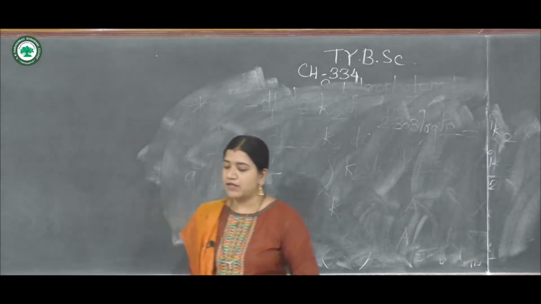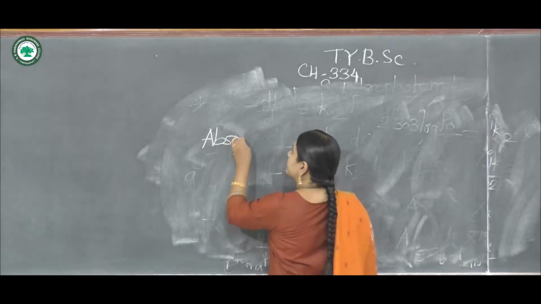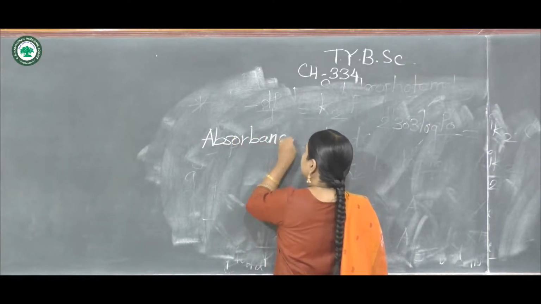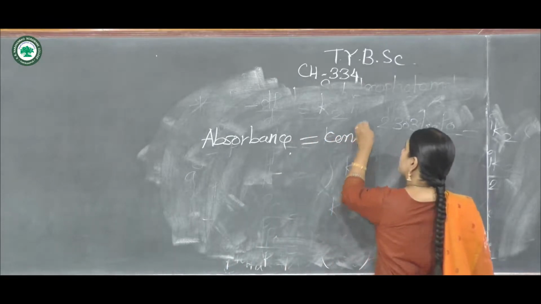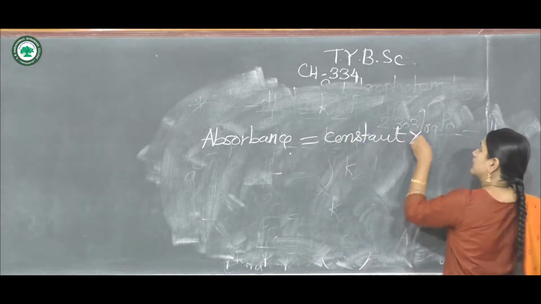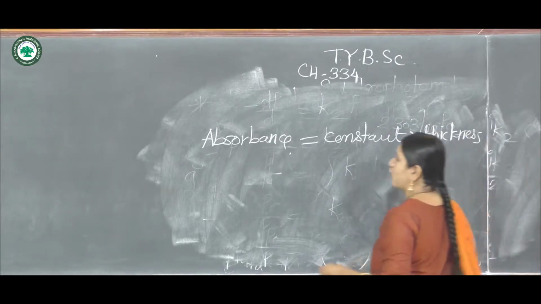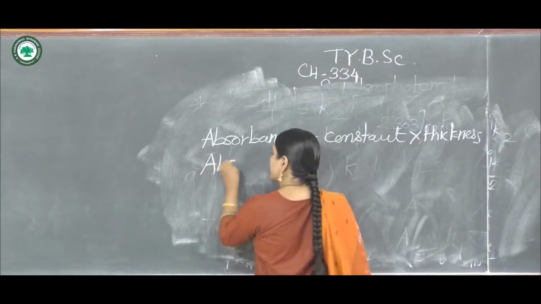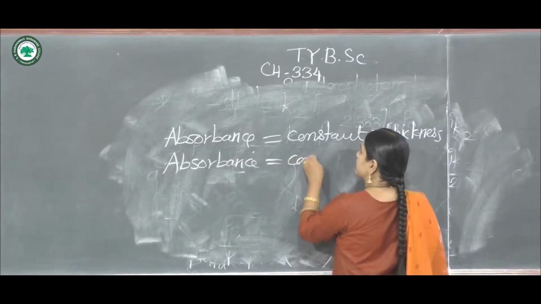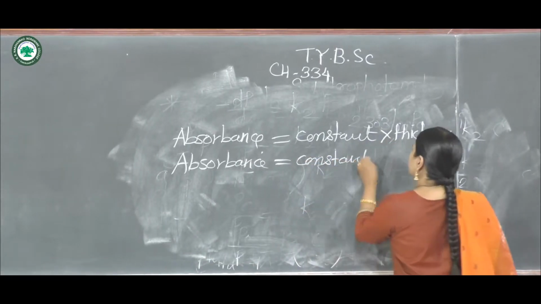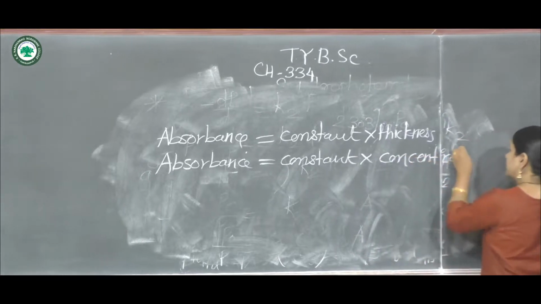So from Lambert's law, what you obtain? Absorbance is equal to constant into thickness, and from Beer's law, what you obtain? Absorbance is equal to constant into concentration. So combining these two, what you obtain?